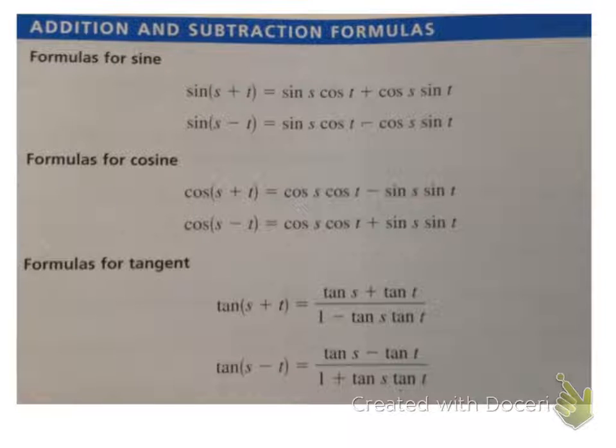The signs just flip. So it becomes tangent s minus tangent t over 1 plus tangent s tangent t. Again, you only have to remember one. You realize that the top gets the sign, and the bottom switches signs. So subtraction's on top, but then the bottom becomes an addition.